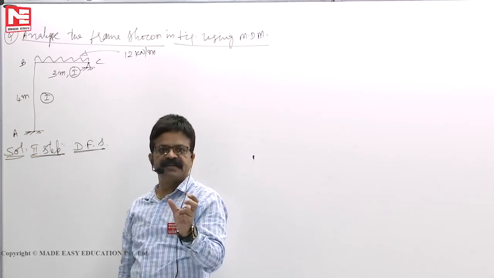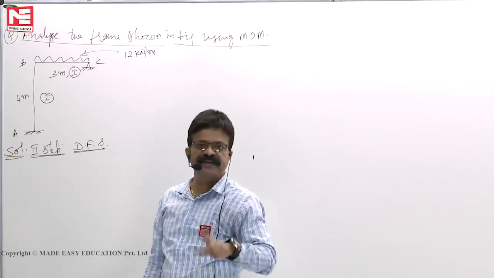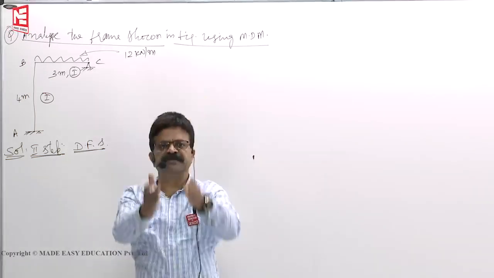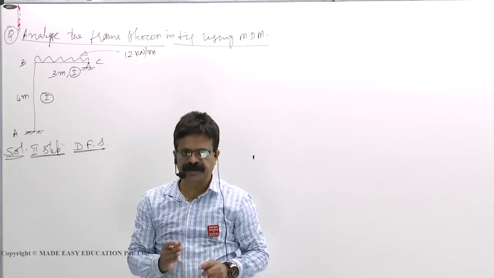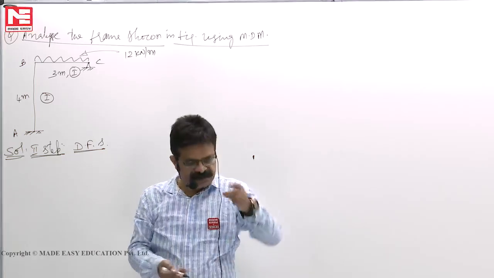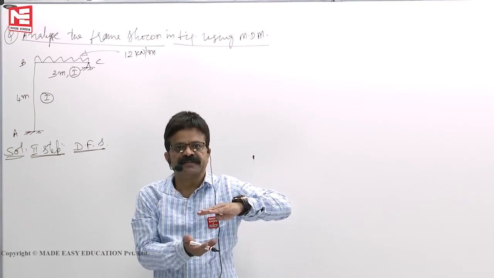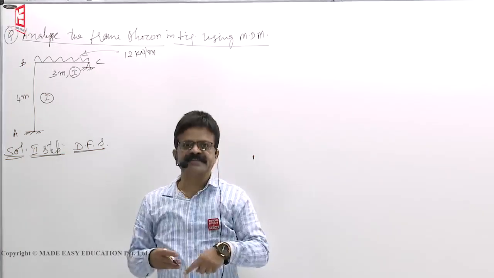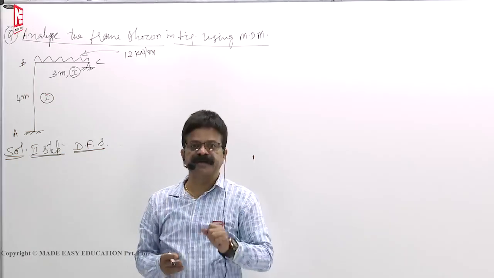We idealize that situation as if it has infinite stiffness, because column dimensions, let us say 200 by 200 mm, then footing dimensions will be 1.5 meter by 1.5 meter. Thickness is 15 centimeter concrete. We idealize such a big thing as an infinite stiffness member.